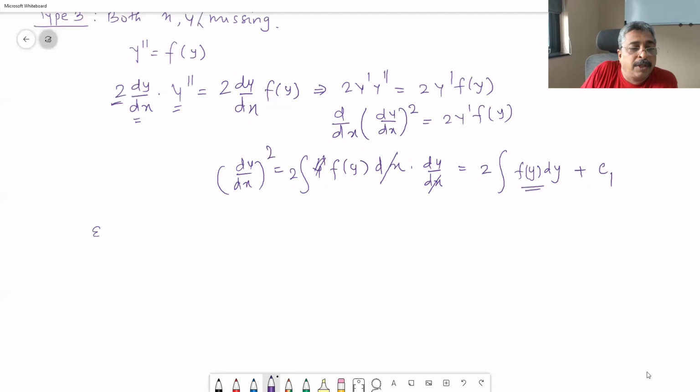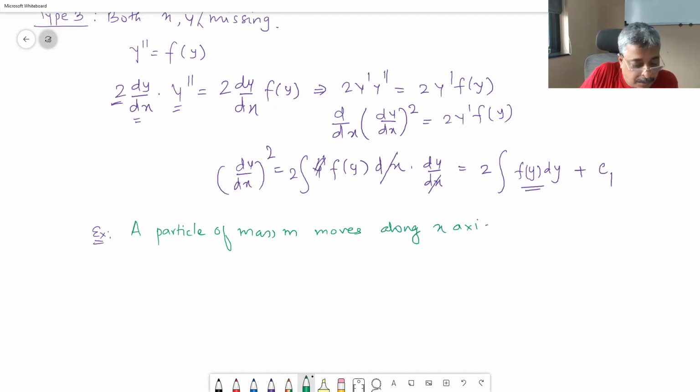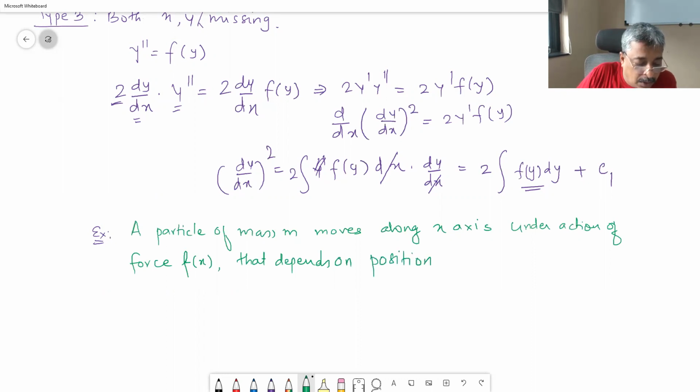So the problem, example. A particle of mass m moves along the x-axis under the action of force f of x that depends on the position of the particle.